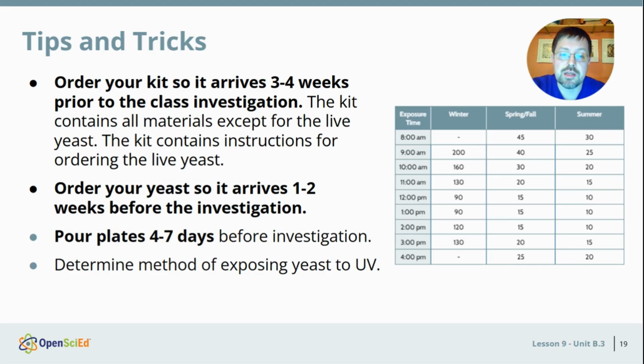You should also try to determine how exactly you're going to expose the yeast to UV. When you're thinking about that, consider the time of year, location, and weather as important factors. I've had success with an indoor grow light, as I am usually conducting this experiment in the winter in the rainy Pacific Northwest.